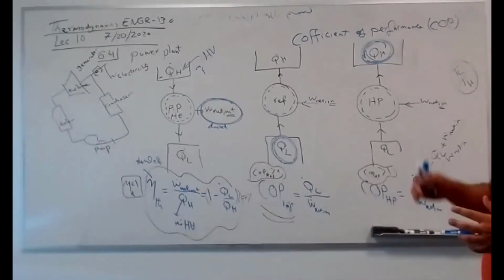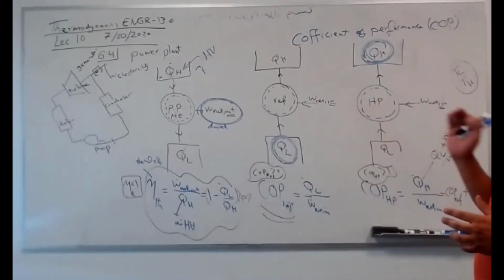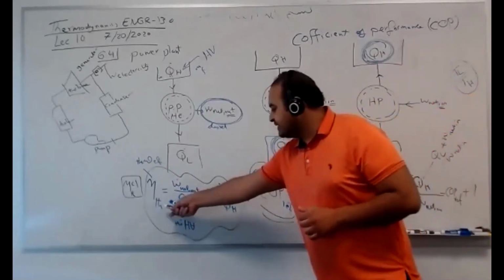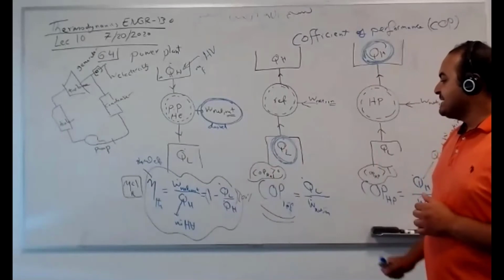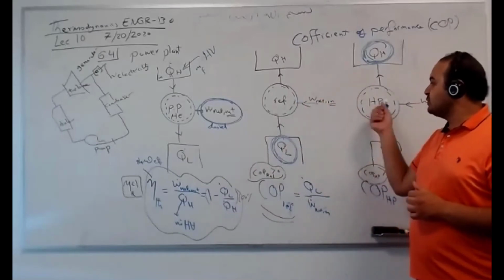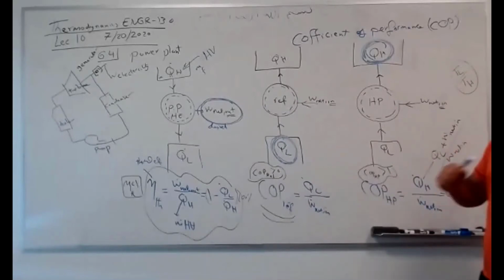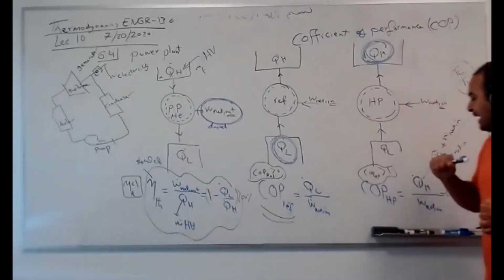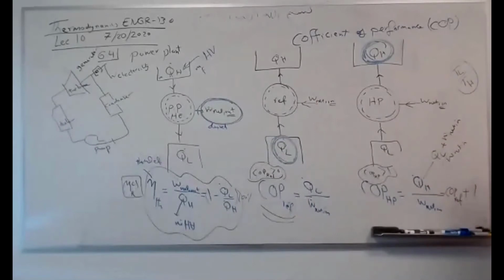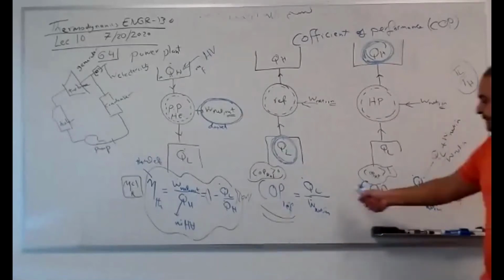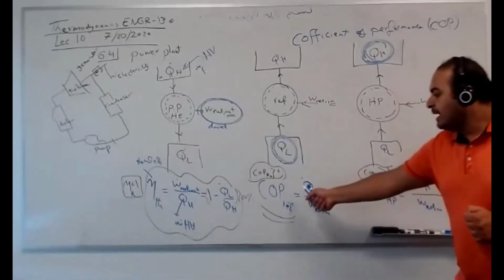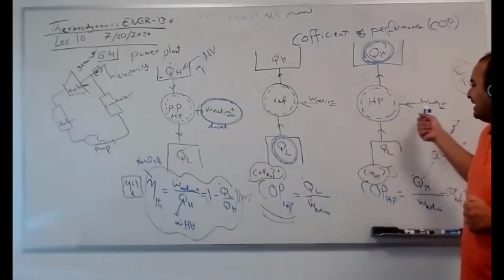Thank you. So we have here power plant, refrigerator, and heat pump. We measure them with thermal efficiency, output over input, and COP, coefficient of performance, for these two, which is also output over input. But my output in refrigerator is Q low. My output in heat pump is Q high. So you need to always ask yourself, what is the desired? What do you want? What do you pay? Here and there, I pay electricity, W work in.